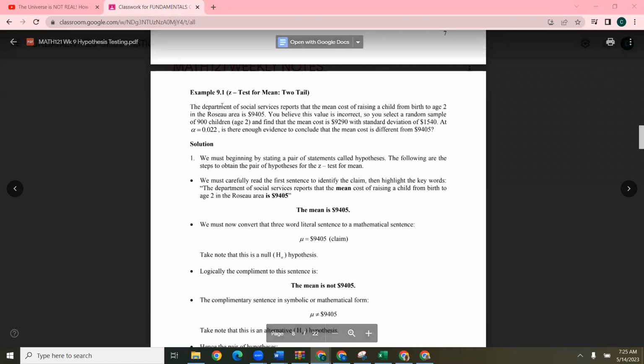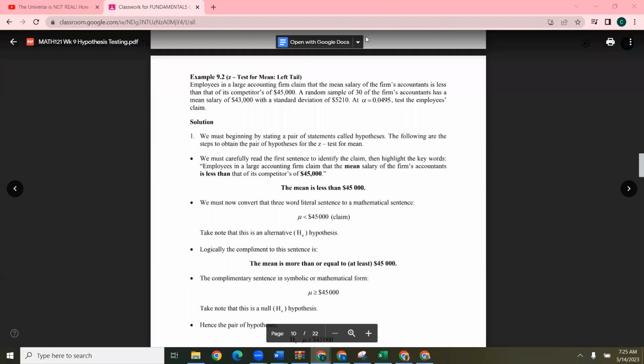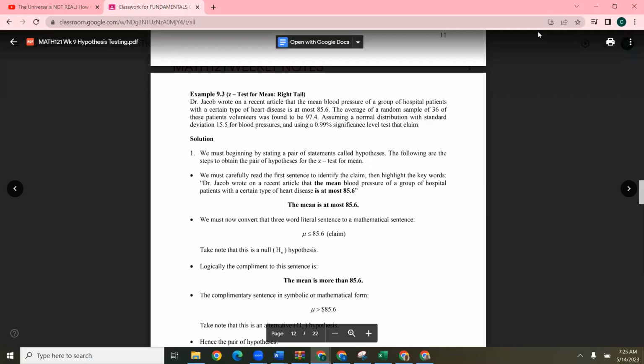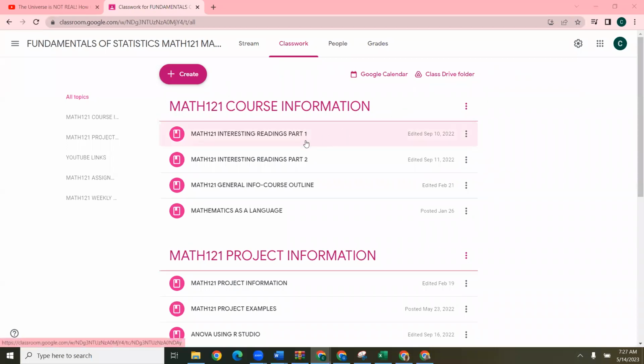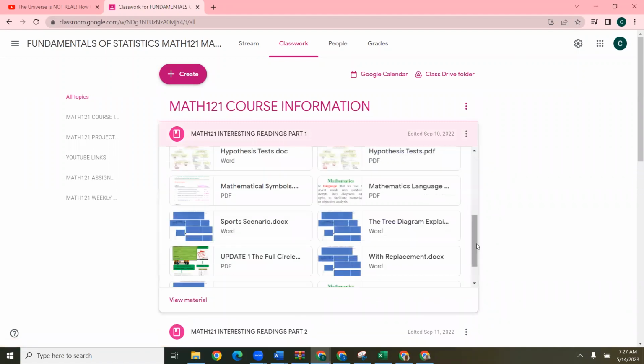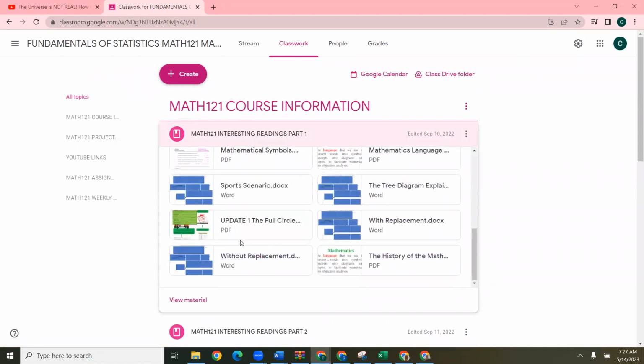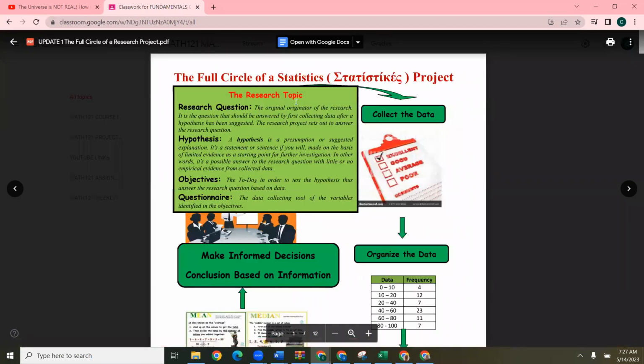Example 9.1 deals with a z-test for mean, a two-tailed test. Example 9.2, z-test for mean, a left-tailed test. Example 9.3, a z-test for mean, a right-tailed test. Now also, if you go to Math 1-to-1 course information and you go to Math Interest in Reading Part 1 and you scroll on, you will see a document called Update 1, the full circle of statistics, a statistics project.